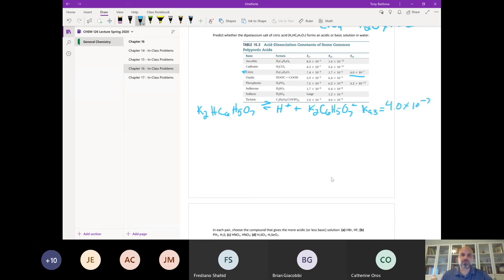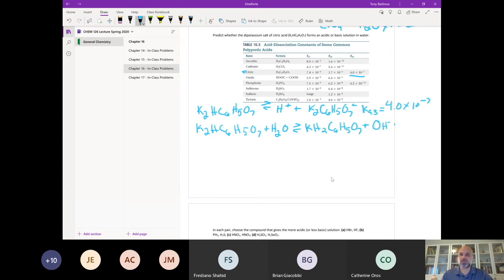Then we have our base equation where K2HC6H5O7 plus water is in equilibrium with KH2C6H5O7 because it's acting as a base here, plus we end up getting hydroxide ions.